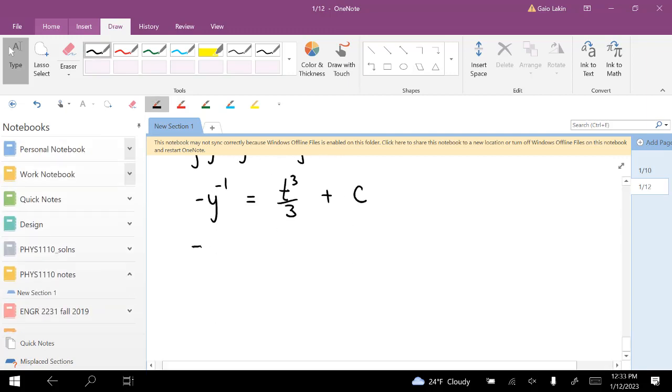Okay, so this says negative 1 over y is equal to t cubed plus 3c over 3. And now take the reciprocals of both sides, and you get y is equal to 3 over t cubed plus 3c. And there's a negative, so I'll put the negative here.